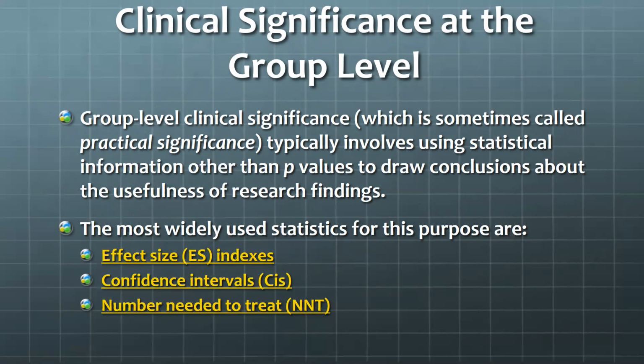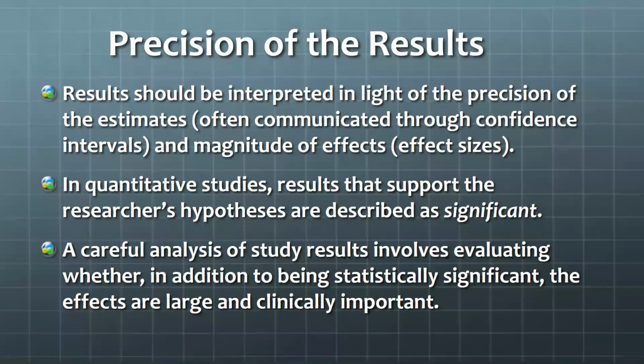We talked about that. So a discussion of effect size, of confidence intervals, and the number needed to treat. These are all ways that researchers talk about their statistics in relation to their clinical significance. Results should be interpreted based on how precise the estimates are and the effect size.